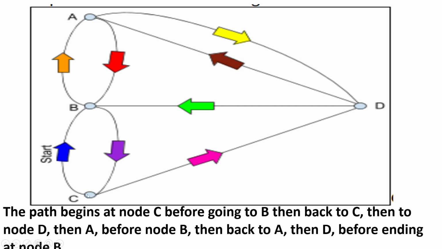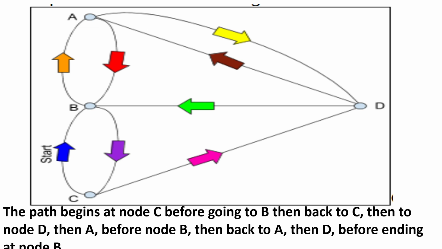Starting from C, traverse to B, from B to C, C to D, then D to A, A to D, D to B, B to A, A to B. We cannot come back to C, but we can cover all the edges.